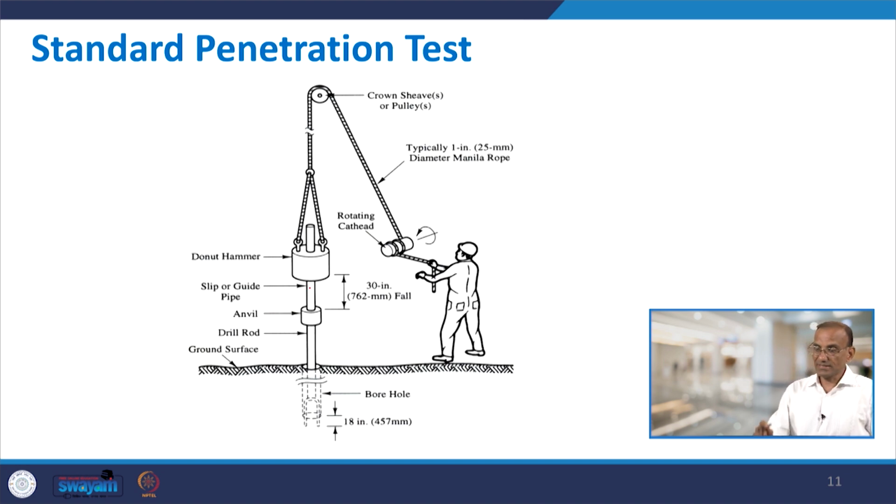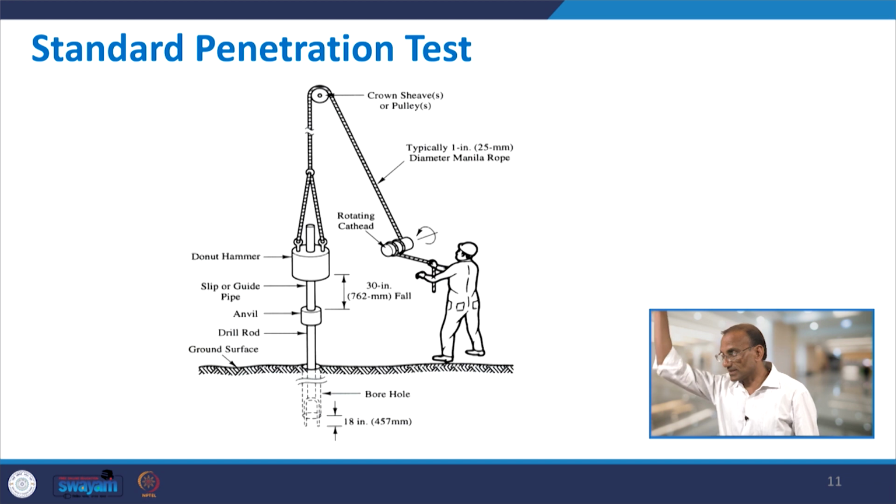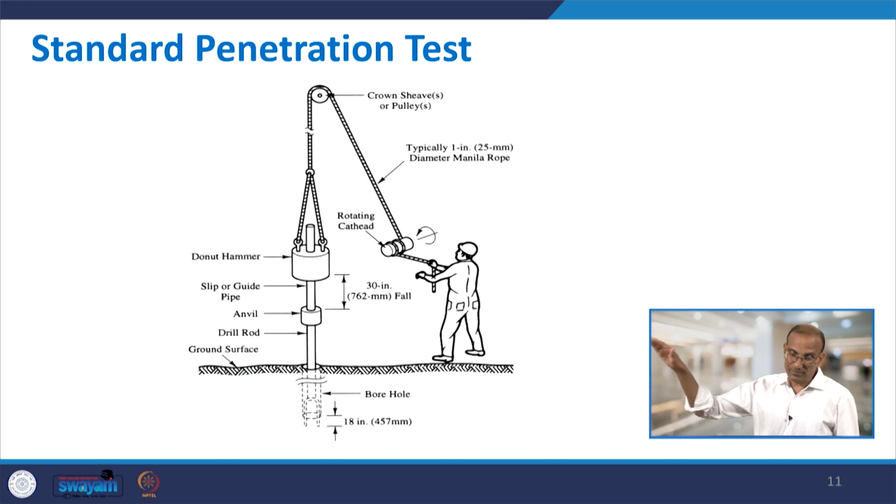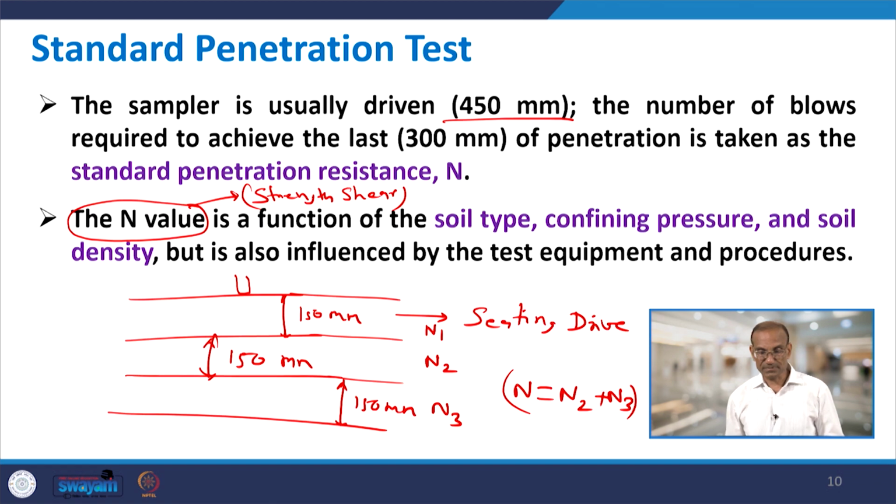When you release it, it comes down, and when you stretch it, it goes up. So, what is done here is you lift the SPT hammer up to a certain height and drop it, one blow, second blow, third blow like this, and then you count the number of blows to drive the sampler to a certain depth. You have the borehole inside, and this is the anvil where the strike is done, and then you have the drill rod. This is the schematic of the SPT.